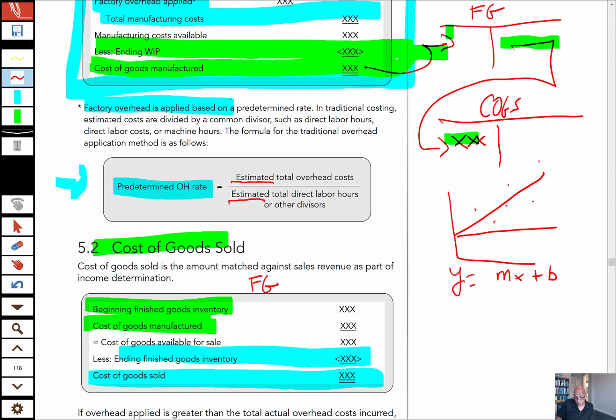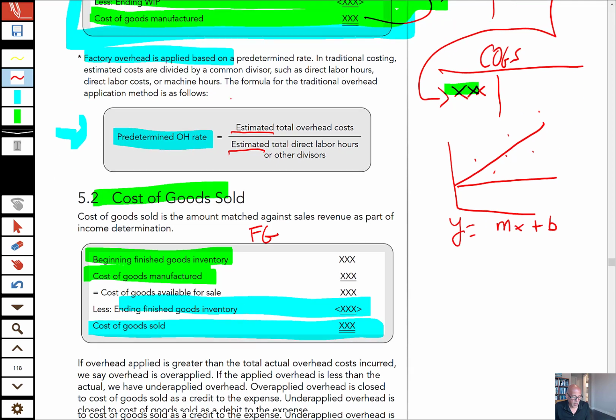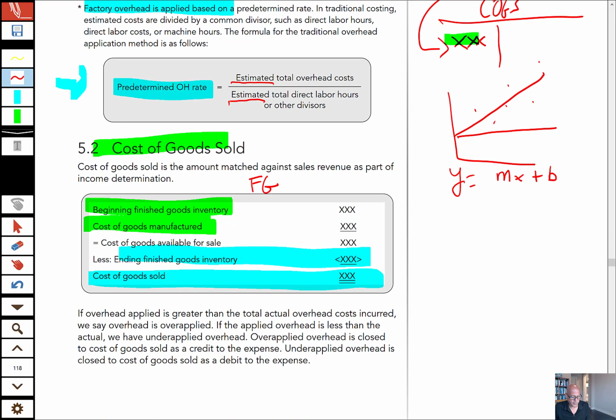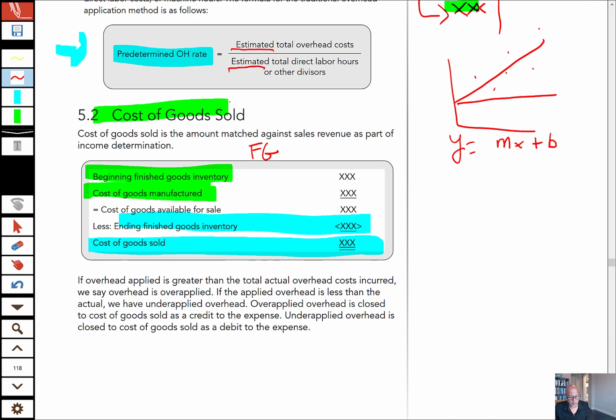Less what's still in finished goods means that you've just figured out what you had subtracted from your finished goods to get your cost of goods sold. Okay? In the question, I'm not going to ask you cost of goods sold and show you a cost of goods sold account, because obviously that's the debit to cost of goods sold. So they would show you information for finished goods and make you work your way back to the cost of goods sold. Okay, good.